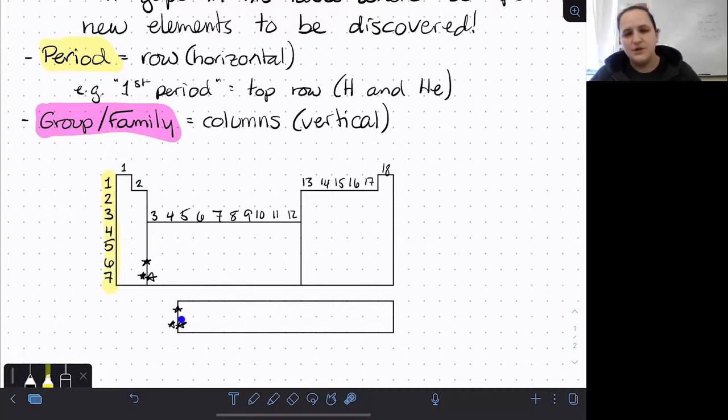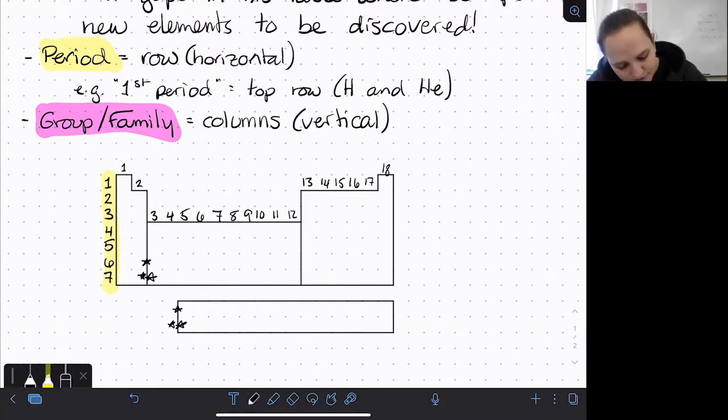You'll notice that we skip these. This section of the periodic table doesn't come up very much in chemistry, to be perfectly honest, so it gets kind of overlooked in a lot of aspects. So one way that we can number the groups is literally just numbering them left to right, 1 through 18, in that main portion of the periodic table.